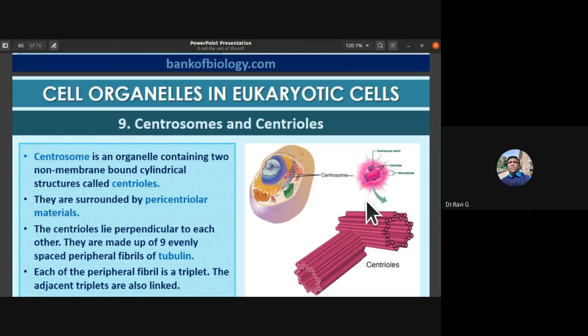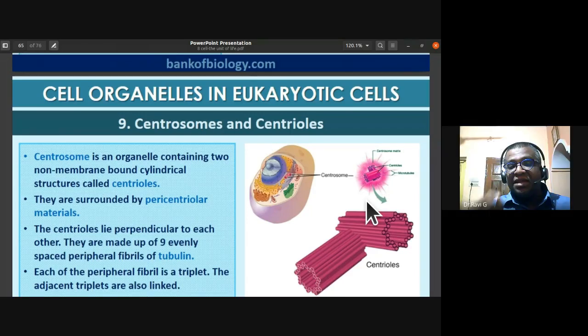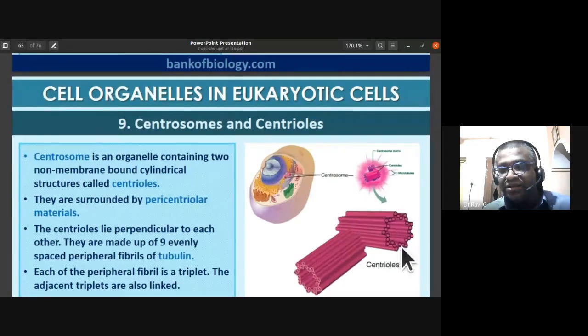They are made up of 9 evenly spaced peripheral fibrils of tubulin. Each peripheral fibril is a triplet with three microtubules. The adjacent triplets are also linked by these linkers.